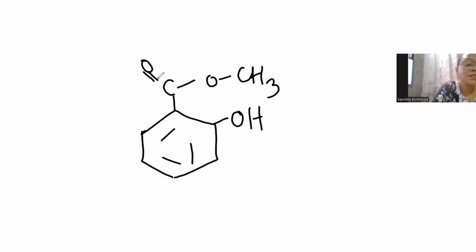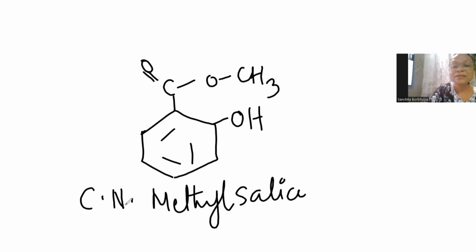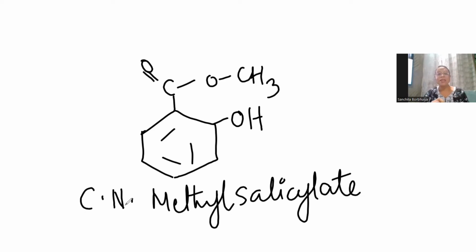So this is having the common name methyl salicylate. Why is this called methyl salicylate? Because it is a methyl derivative of salicylic acid. That is why it's called methyl salicylate.